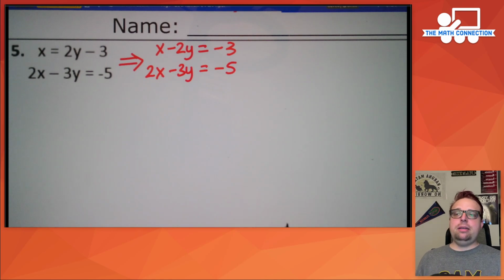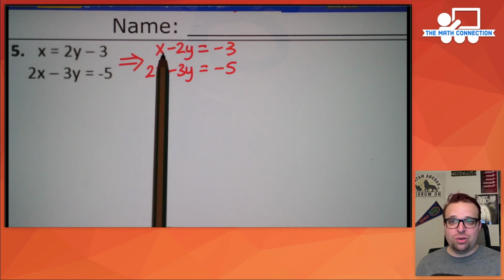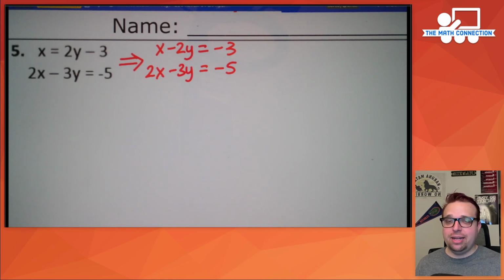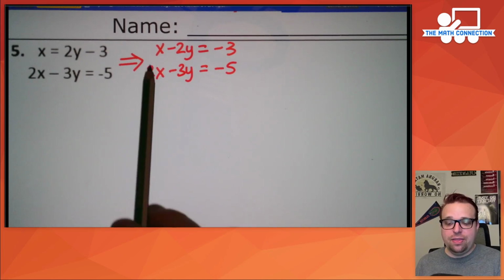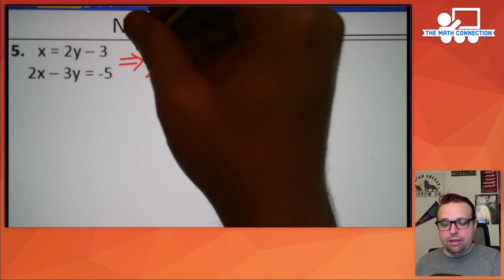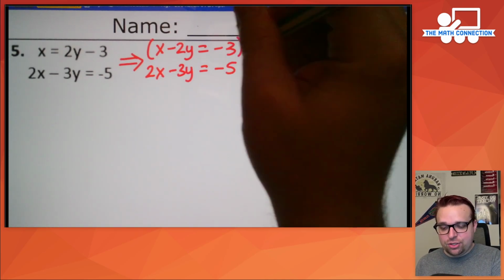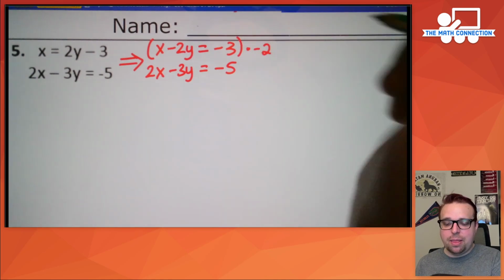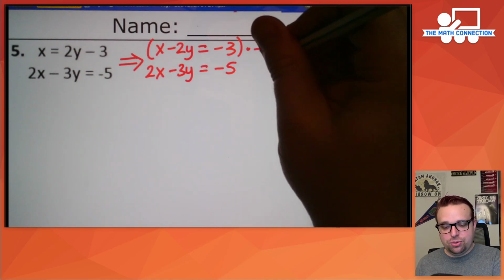It looks to me that the easiest thing to cancel here is going to be my x's, because this x in the first equation is just one x by itself, which means I can multiply it by -2 and then this will cancel out. Well, if I multiply that x by -2, I really have to multiply everything in the top equation by -2.